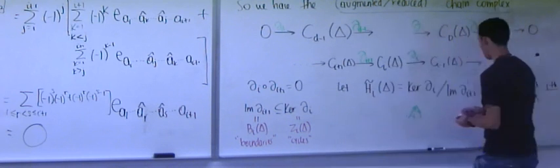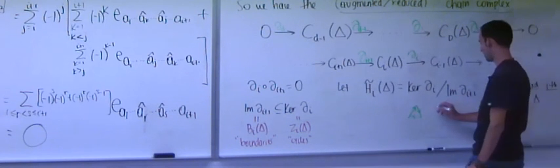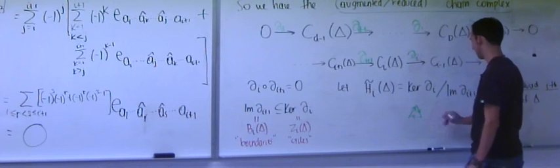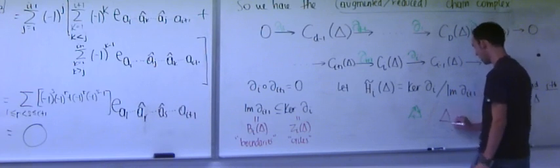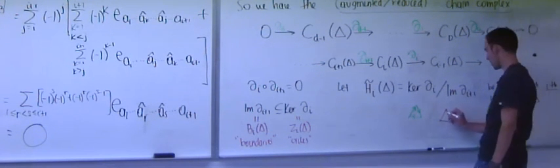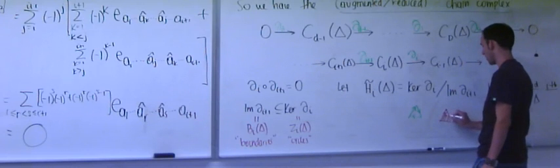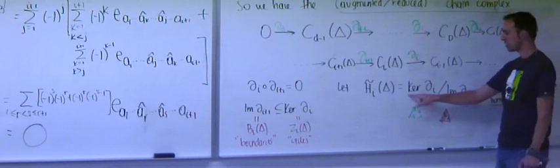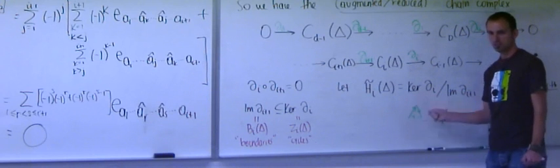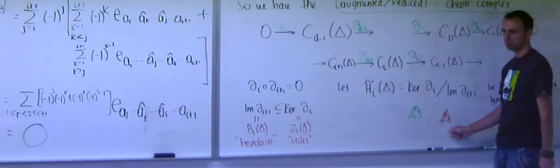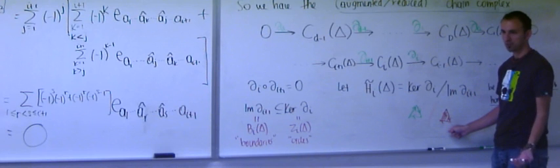And what I mean by boundaries is you take an actual triangle and you take the boundary of it. So this is a full triangle and you take the boundary of it. And so what I'm telling you to do here is consider all the cycles and subtract the ones that are full. So what I'm telling you basically is look at the holes of this thing.